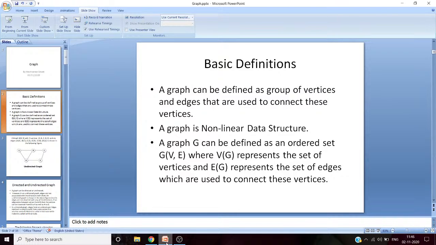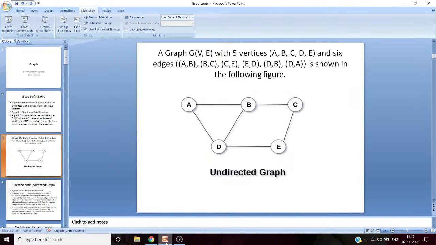Okay, a graph consists of a set V and a set E. V denotes vertices and E denotes edges. V(G) means the set of vertices and the set of edges is denoted by E(G), and they are interconnected among themselves. See, this is an example of a graph.